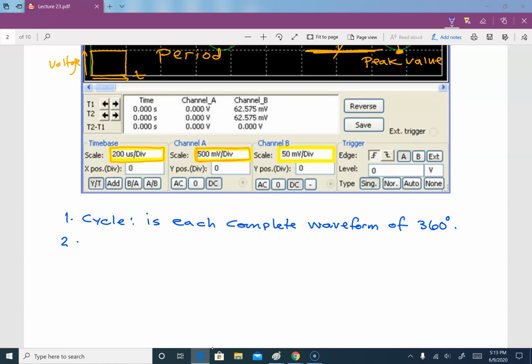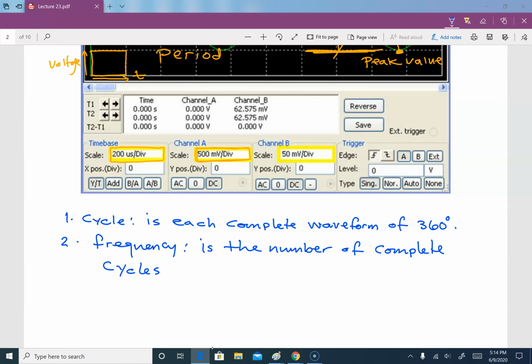The second definition is the frequency. Frequency is the number of complete cycles that occur in 1 second, and it is denoted by the letter f.